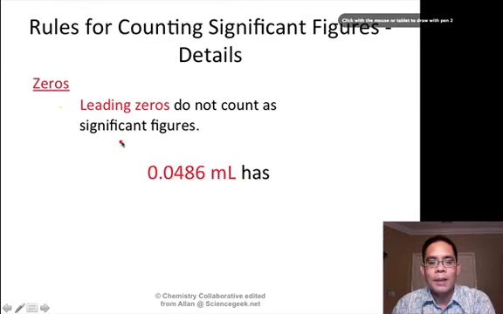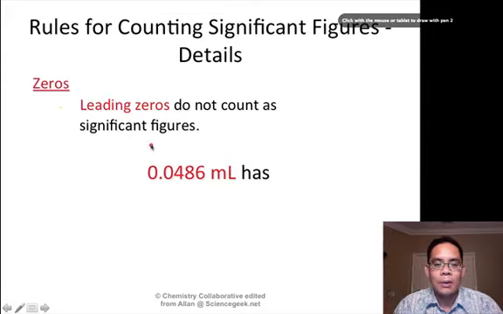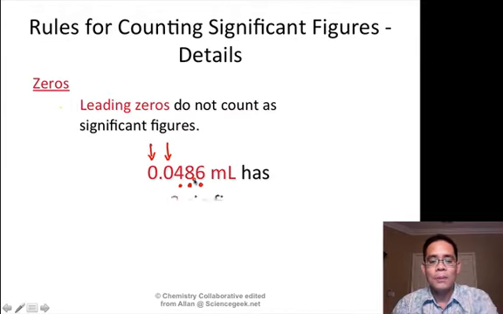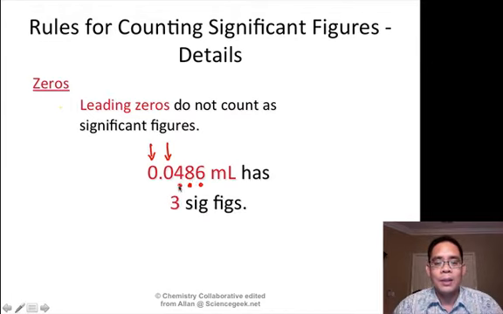So anytime you have a number like this, you say, oh, I have a 0 that's leading, I have another 0 that's leading. These are what we call placeholders. We're trying to communicate that it's a very small number, and because they're in the front, these do not count. I have my non-zero digits: here's 1, there's 2, there's 3. Since all non-zero digits always count, this one would have 3 sig figs.